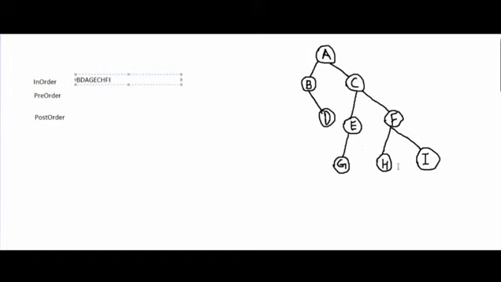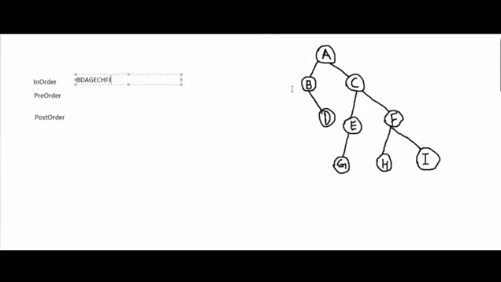So this is how we can solve it for in-order. First we take the left side, then the root, and then the right side. Left, root node, and right. So this is all about in-order.